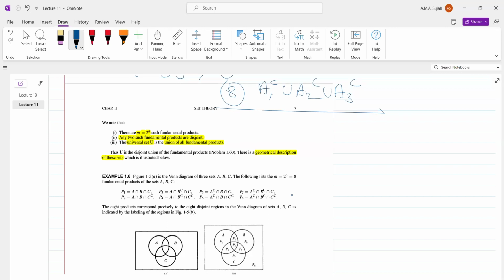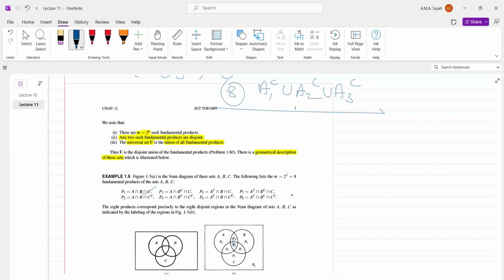So if you look here, the P1, this area, is the intersection of A1, A2, and A3. Sorry, A, B, C, if you consider A, B, C as the sets. The second one, this one, P2, right? They are explaining in maybe different ways.